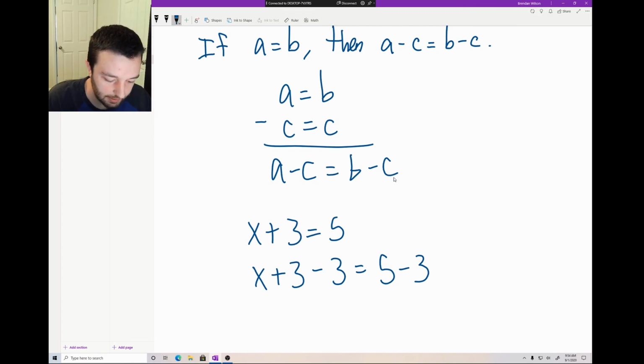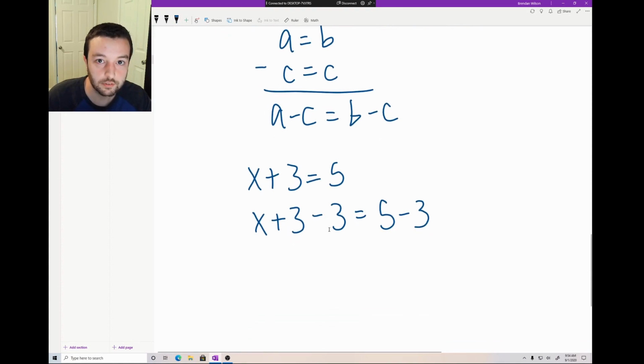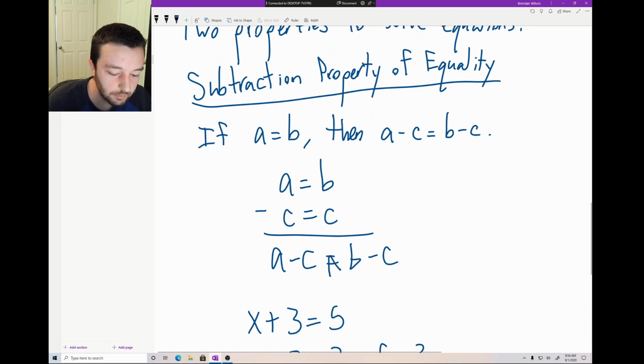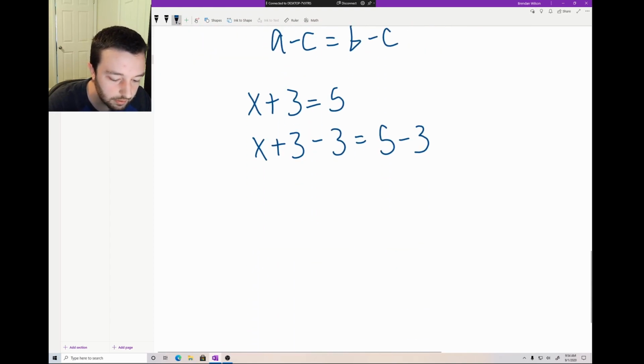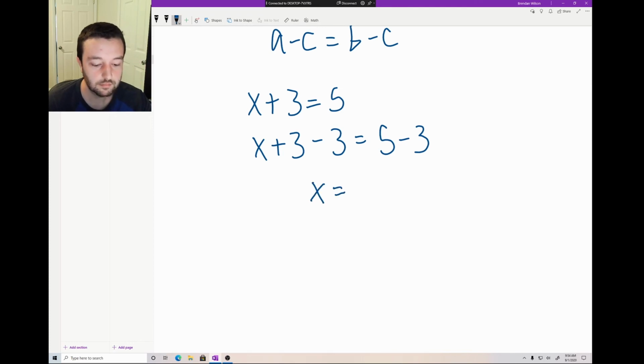On the left side, we have x plus 3 minus 3. 3 minus 3 is 0. So this ends up just being x on this side. On the right side, 5 minus 3, well, that's just a number, that's 2, right?